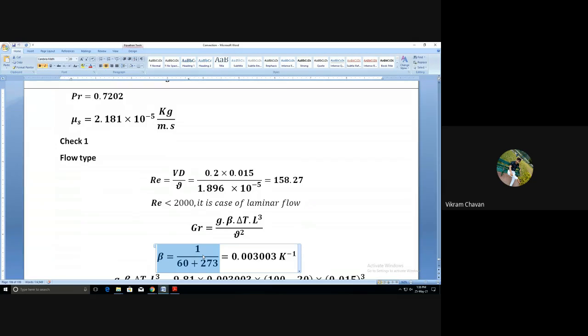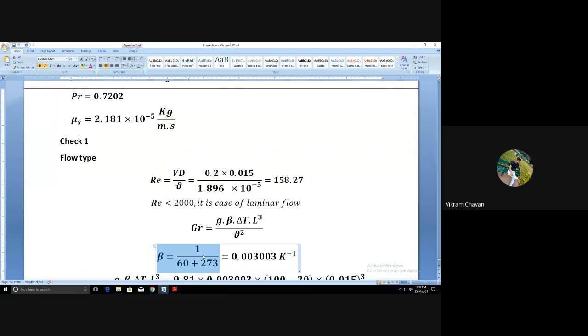Beta is the reciprocal of the absolute mean film temperature. Already we have calculated the mean film temperature as 60 degrees Celsius. Add 273 to that and take the reciprocal, so we get 1 divided by 60 plus 273, which is 0.003003 Kelvin raised to minus 1. Kelvin raised to minus 1 is the unit of beta.